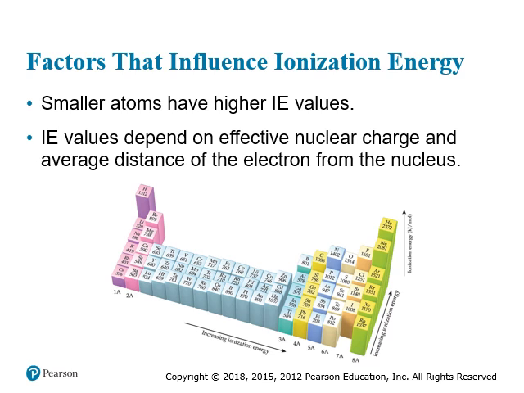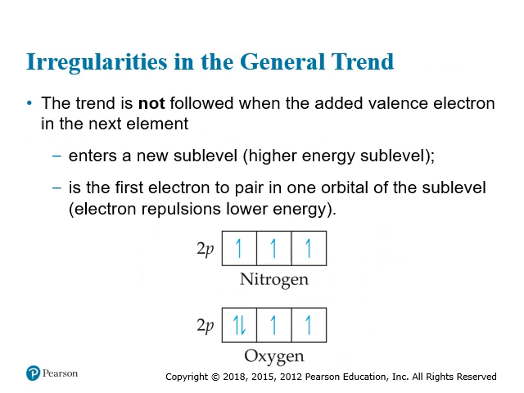And these values for ionization energy are dependent upon a few factors, one of which is effective nuclear charge, how much of the nucleus an electron experiences, and the distance between the electron in question that is to be removed and the nucleus itself. As with all trends and tendencies, we find irregularities and hiccups along the way.